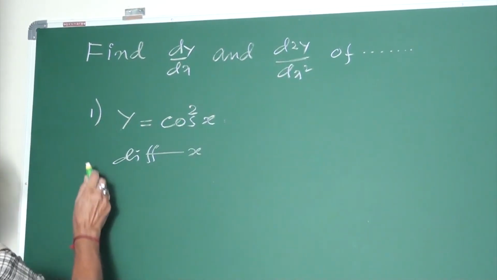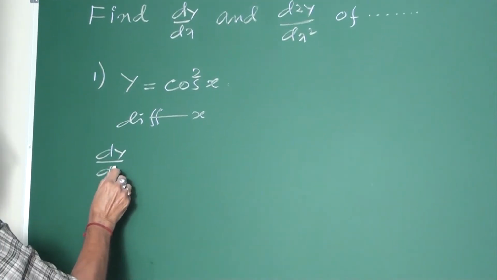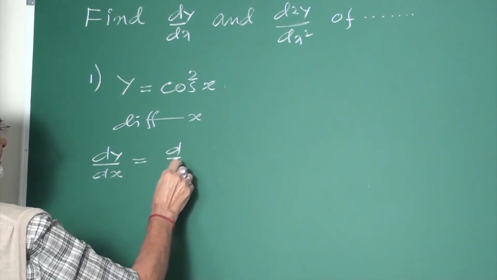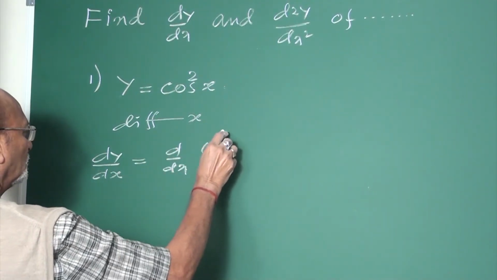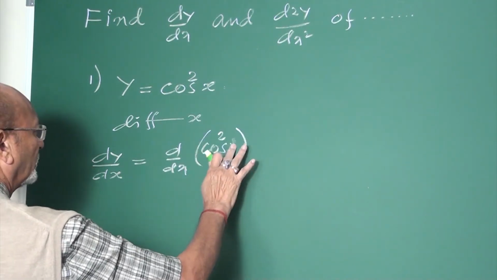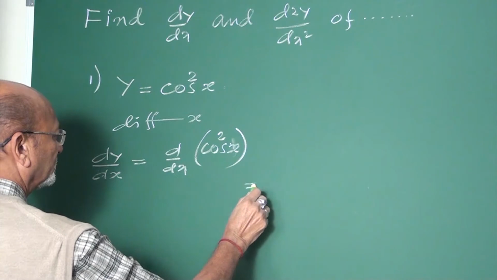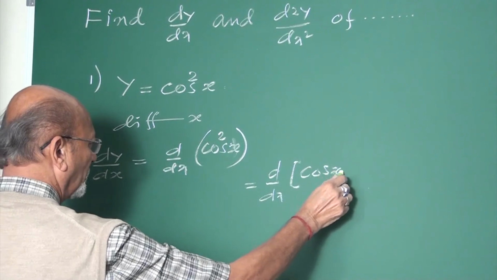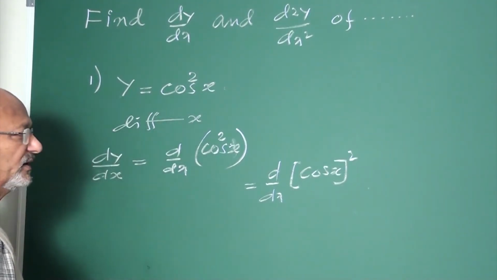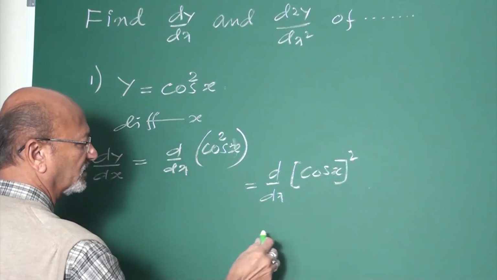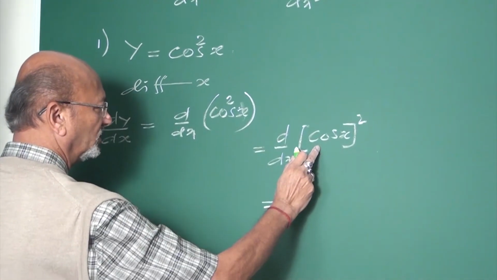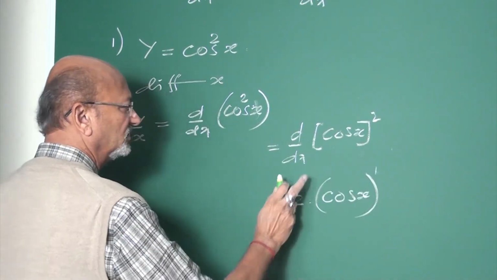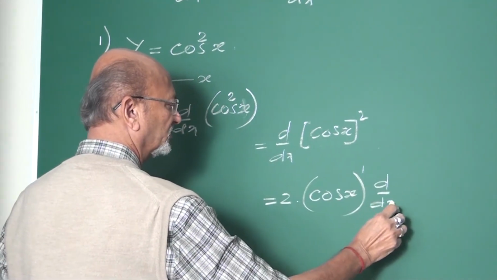Differentiate with respect to x. Derivative of y, you may write y1 equal to d by dx of cos square x, that is d by dx of cos x the whole square. I explained many times: f(x) to the power n into f(x) to the power n minus 1, that is 2 minus 1 is 1, then the derivative inside, d by dx of cos x.